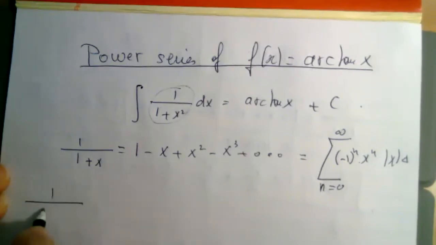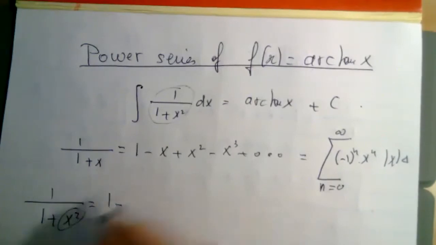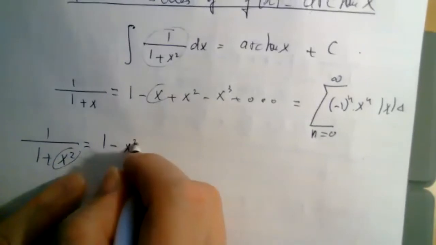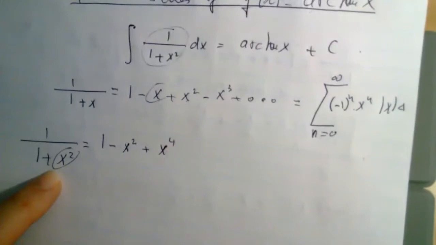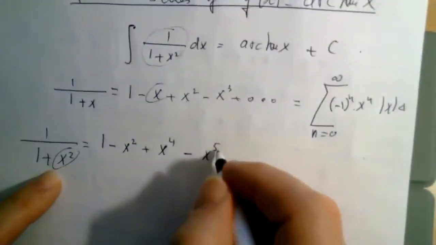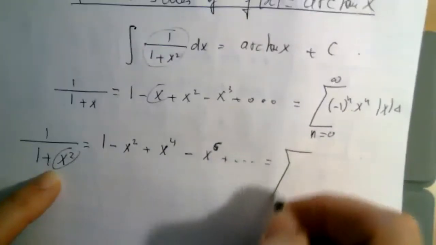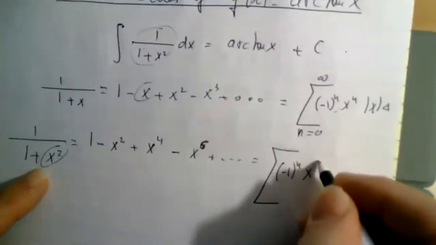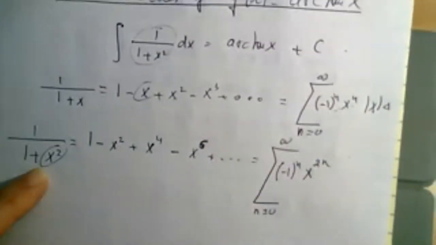So plugging in for 1 plus x squared will give me 1 minus, and I'm going to put x squared here. This is going to give me x². If I put x squared here, x⁴. If I put x squared here, x⁶, and etc. So finally, I put x² for x, and it's going to give me x^(2n), going from 0 to infinity.